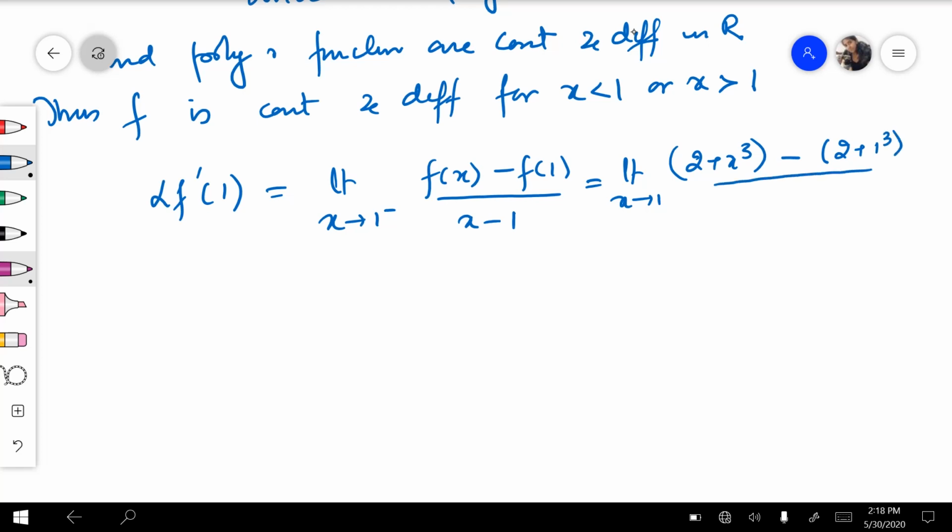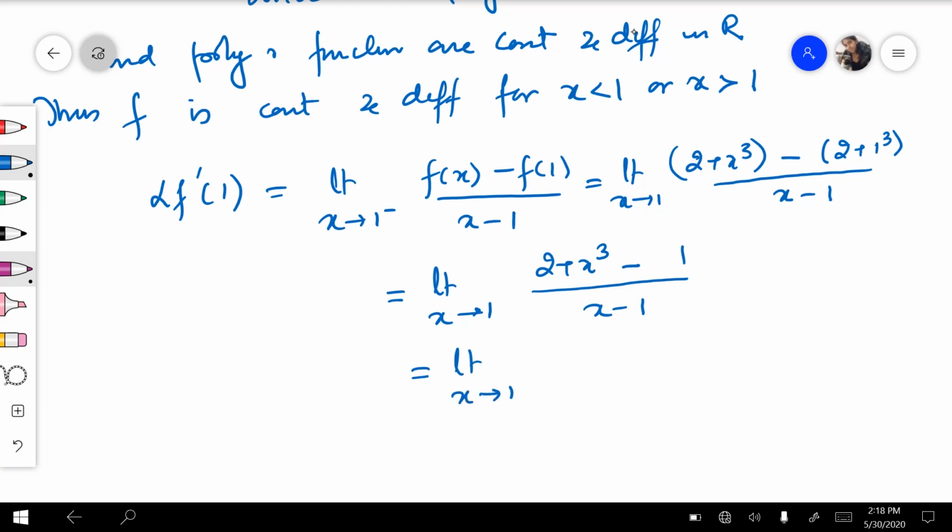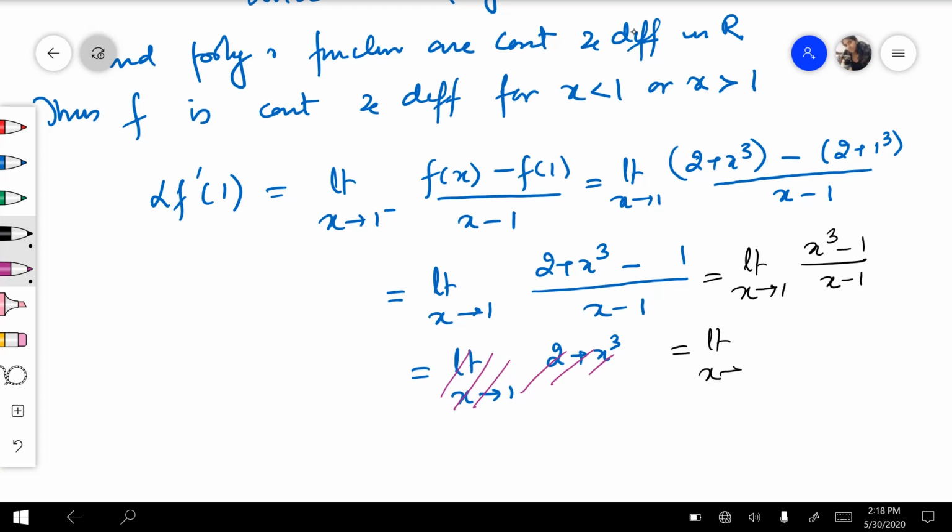plus 1 cube upon x minus 1, which equals limit x goes to 1, 2 plus x cube minus 1 upon x minus 1 equals limit x goes to 1, 2 plus x cube minus 1, this is equal to limit x approaches to 1, x cube minus 1 upon x minus 1 equals limit x approaches to 1, x minus 1 into x cube plus 1 upon x minus 1.